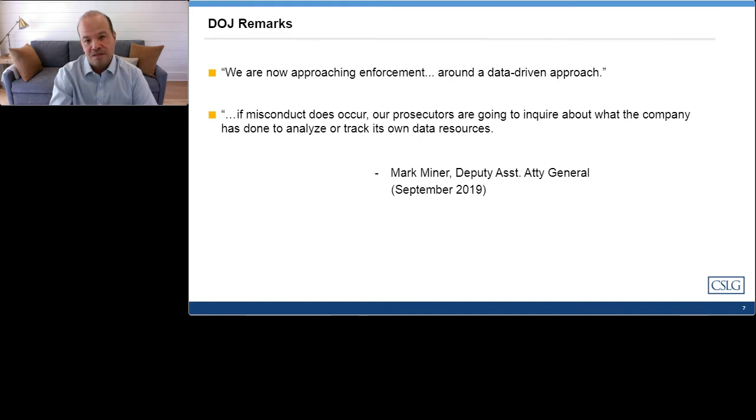Now, he used the example in that case of, they're looking at things around healthcare fraud and anomalous data that would be suggestive of, again, potential healthcare fraud, or in the commodity space, indicators of potential market manipulation. But what he's also essentially saying is, hey, if we at DOJ can be looking at data to spot potential corporate crimes occurring, then corporations themselves ought to be making use of data too, and especially their own data.